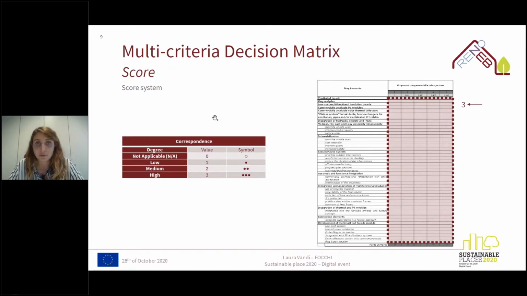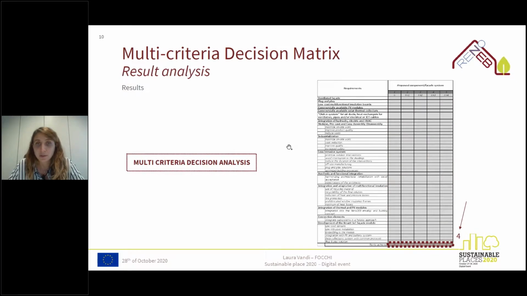In fact, for each product, we have evaluated it in comparison to the requirement. The table shows the score system. An empty point means that the requirement is not applicable for the product. 1 point is a low score, a low evaluation, and 3 points is the high score that we can give to the product.